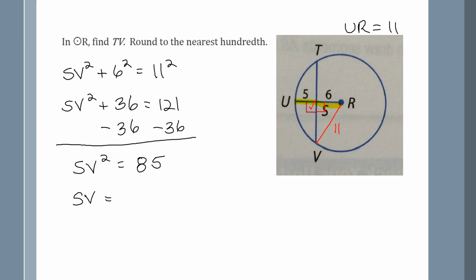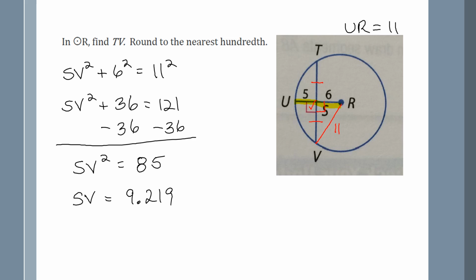So I take my handy dandy calculator, which I can't show on this video because of the way things are, and that comes out to 9.219. We also now know that since the radius is perpendicular to this chord, this segment here is congruent to this segment here.